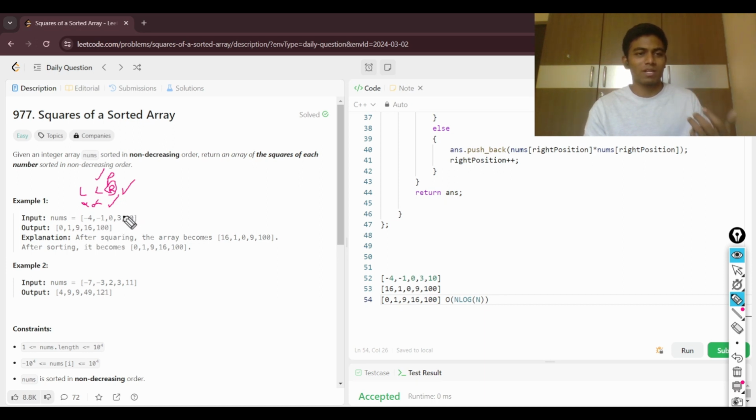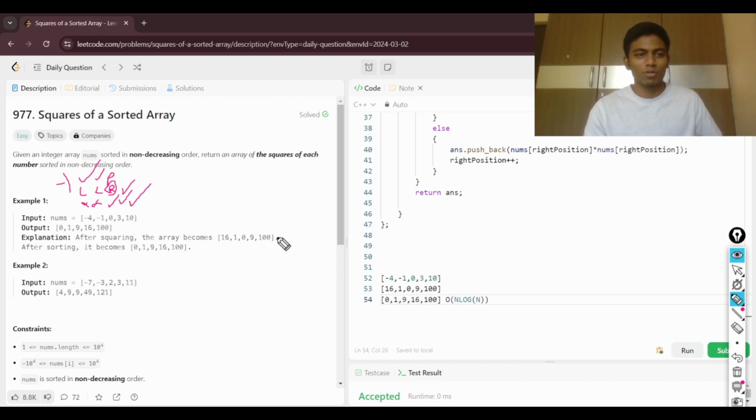The 3 squared is going to be lesser, so we take it. Again -4 squared against 10 squared: this is going to be 16 and this is going to be 100. So we'll take 16, and then left becomes -1, and there will be only 10 left, so we take it.